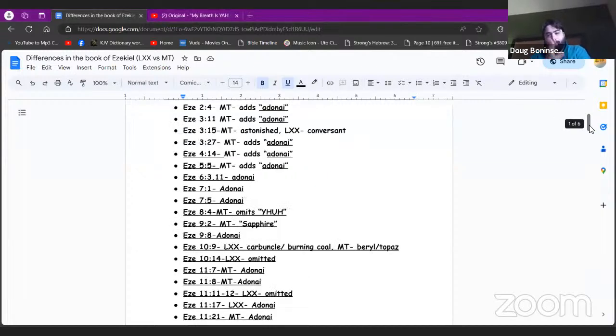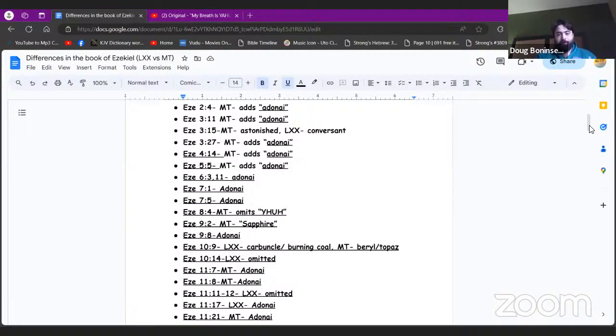Now, here is where we're really going to get into the issues. And it's hard for you to tell in your English translations because they hide it. If you have all lowercase Lord, that's Adonai. That's not Yahuwah, that's Adonai. So a lot of times the Masoretes will add Adonai there as a name or as a title for the Father. This is why the Jewish people today think that it's okay to call who they think they're worshiping Adonai or Hashem.